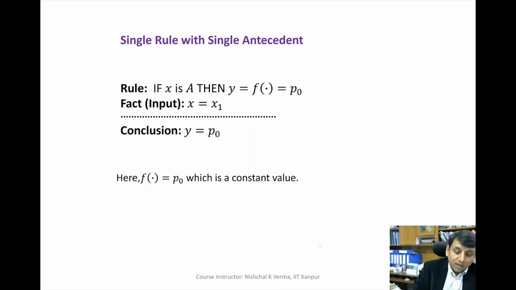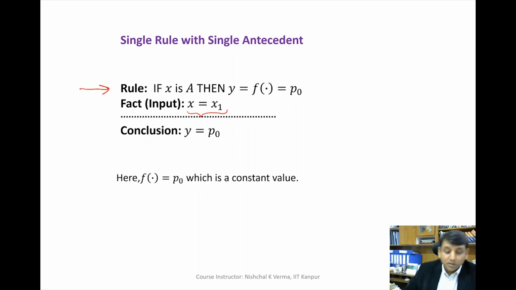As I have already mentioned, we can have only a crisp input. So here we supply x equal to x1. The fact, or the input, is x is equal to x1. And here is the rule.